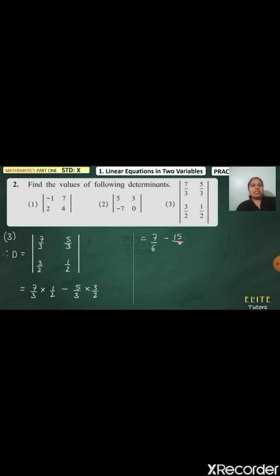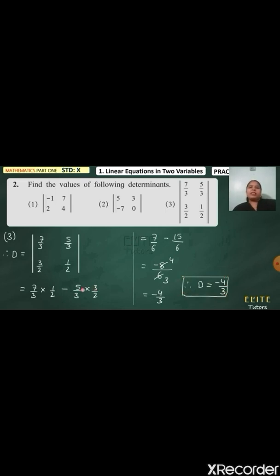So do not cancel. 3 5s are 15 upon 6. Denominators are the same, so write it only once. And 7 minus 15, you have to do that. So write 7 minus 15, that is equal to minus 8. One more thing, if it can be reduced, you have to reduce it further. So it can be reduced to minus 4 upon 3. I hope you have understood this. This determinant is equal to minus 4 upon 3.